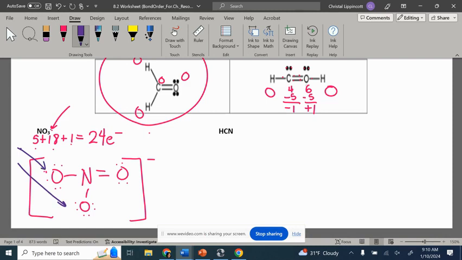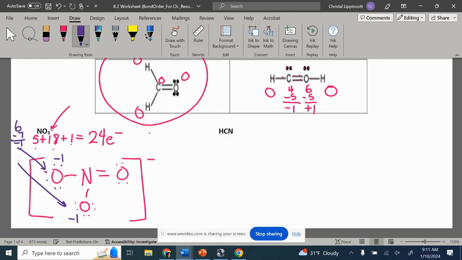That makes sense? So they're going to be 6, which is oxygen, minus what? 7. 1, 2, 3, 4, 5, 6, 7. So it's going to be a -1 charge. So I'm going to have a -1 formal charge here, and I'm going to have a -1 formal charge for this guy. Does that make sense?